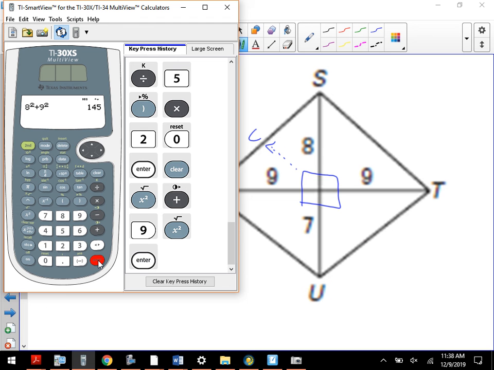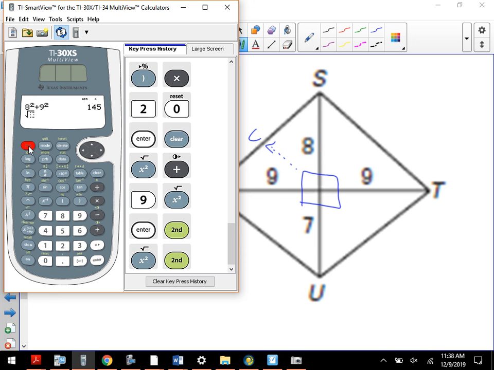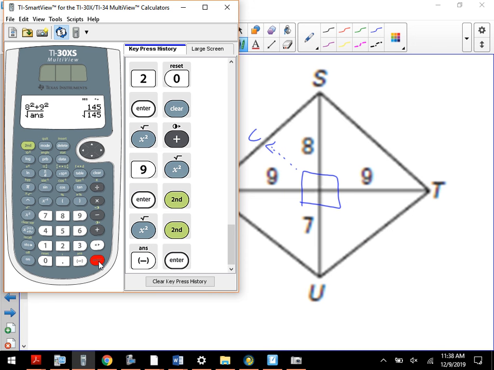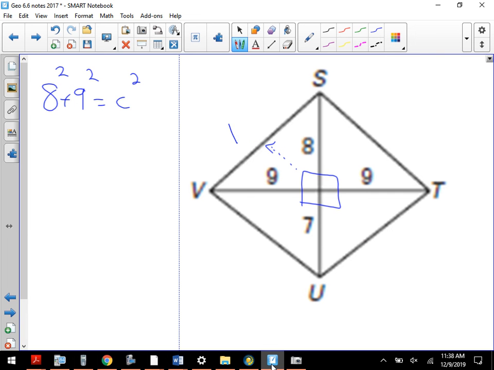Now, the multi-view calculators will give you simplified radical form, which is what we're looking for here. So you take the second square root of your answer, and it's telling you it's the square root of 145. That just means it can't be simplified. Just leave it. That would be a perfectly legitimate answer. That side length is the square root of 145.